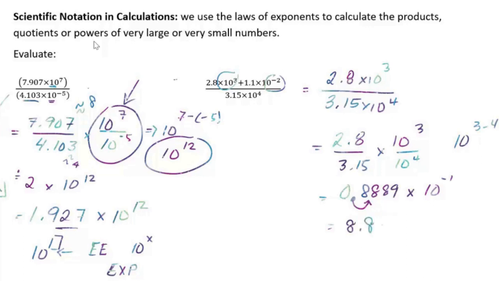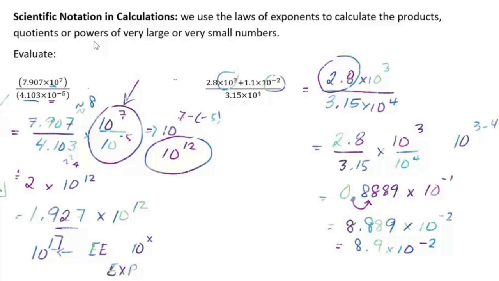That gives me 8.88 repeating, and at some point 9 times 10 to the power of, well, I've made the number larger by moving the decimal point to the right, but we know that this is a small number. So now I have 10 to the negative 2 to get it back to the original. So the final answer to the smallest number of significant figures in the question, which is 2, is 8.9 times 10 to the negative 2.